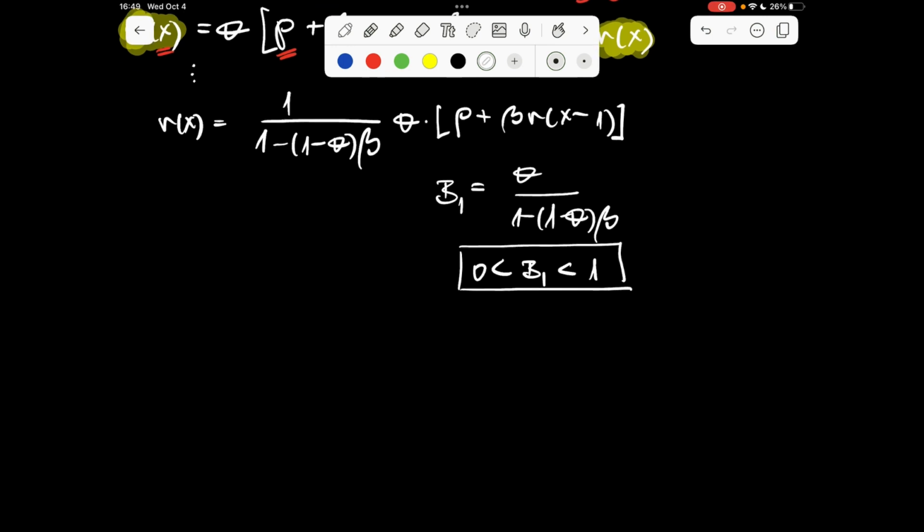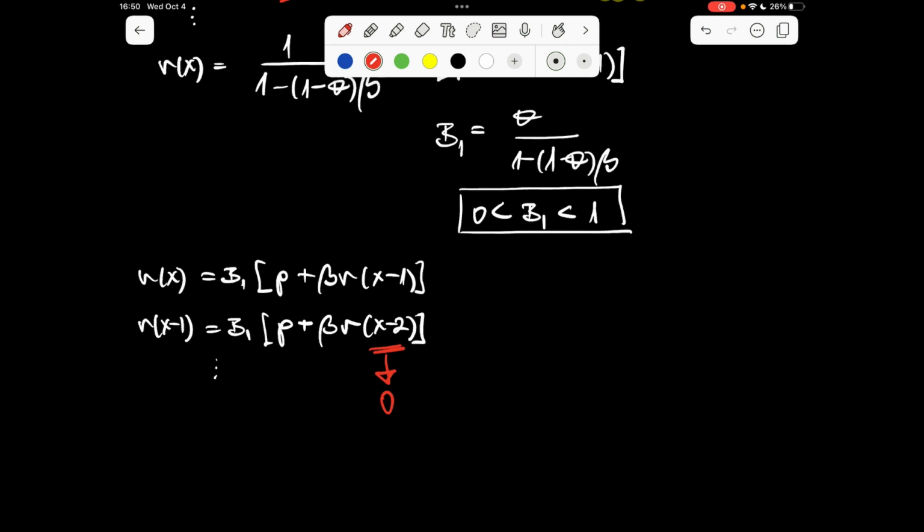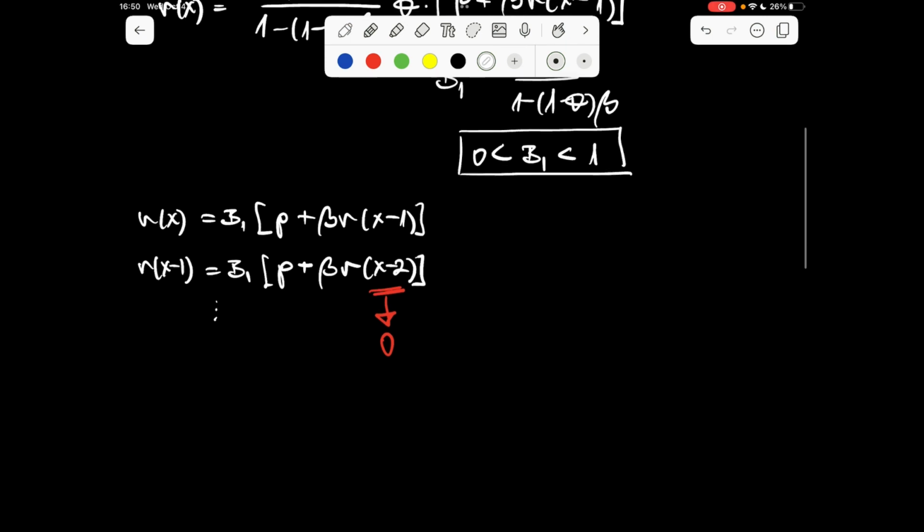And by using this notation, we can realize a recursive pattern in the value function. So we can go down step by step until here we reach 0. The number of the steps through which we reach 0 depends on the size of x.